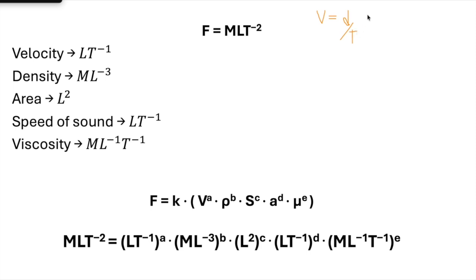So when we write velocity in dimensions, we can write it as L T minus 1. Acceleration is the rate of change of velocity, so it can be written as L T minus 2.